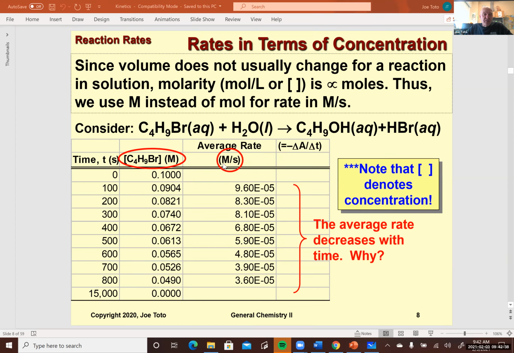Then we noted from this experimental data on concentration with time how you can calculate average rates for those time intervals. And we also noted that as the time goes on and the reaction proceeds, the concentration of our reactants decreases, which makes sense. And we also saw a decrease in the rate of the reaction as time goes on.